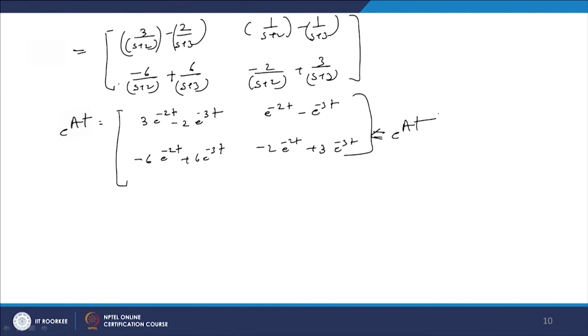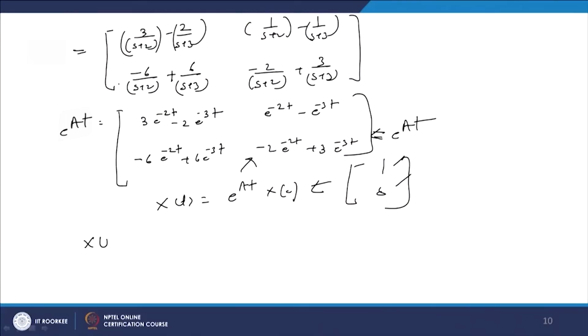But now the total final state equation is based on our initial condition, that is e raised to at multiplied by x naught. Now here this x naught is given as 1 0. Now we have to multiply this part with 1 0. So what will happen in this case, the elements in the second column will not exist because of this initial condition.